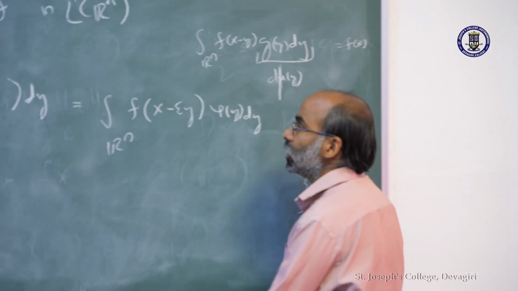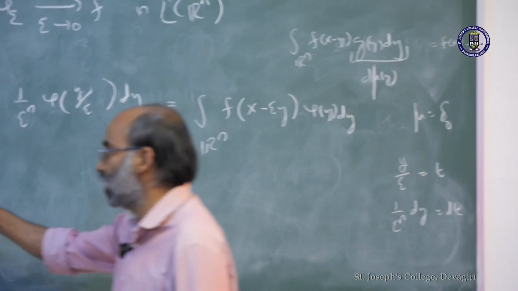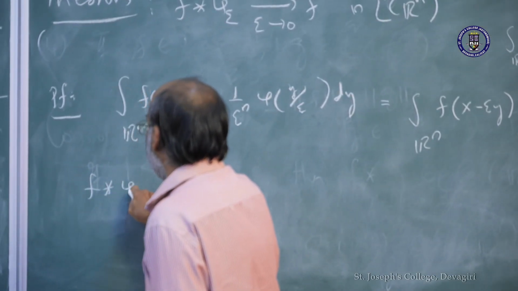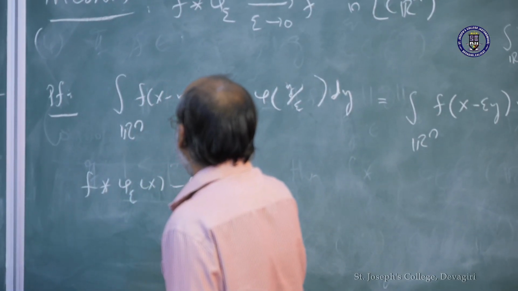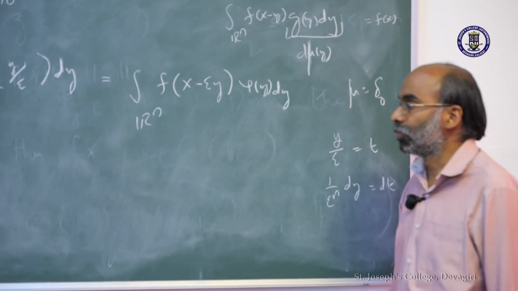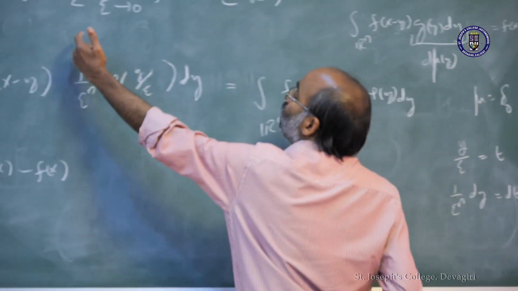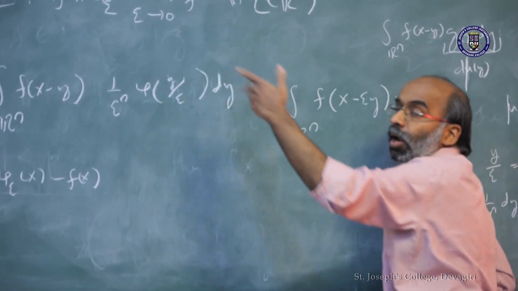Now, I am trying to prove that this converges to f in L1 of Rn. So, let us subtract f and see what happens. So, f convolved with phi epsilon at x minus f of x. I want to know if this goes to 0 in L1, because I am trying to prove that this converges to f in L1.